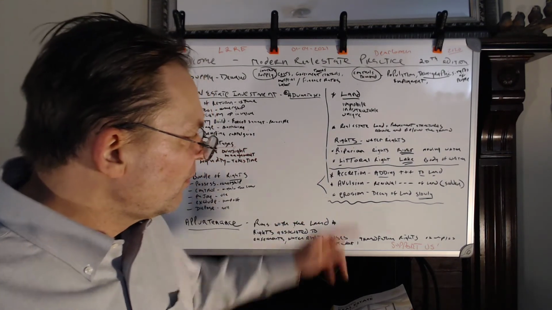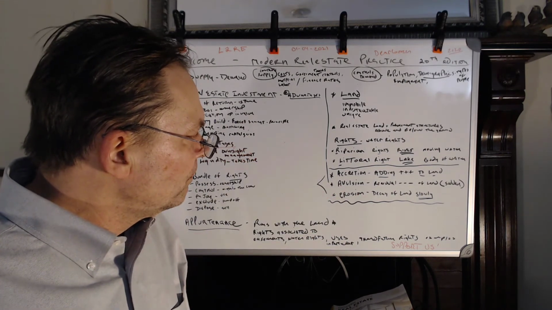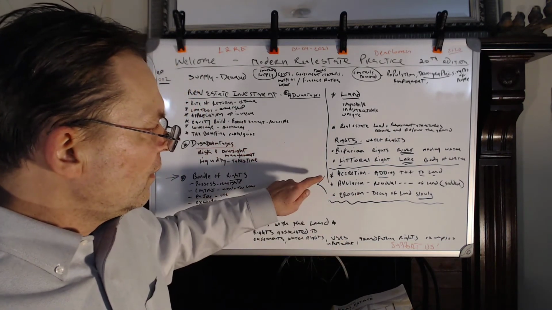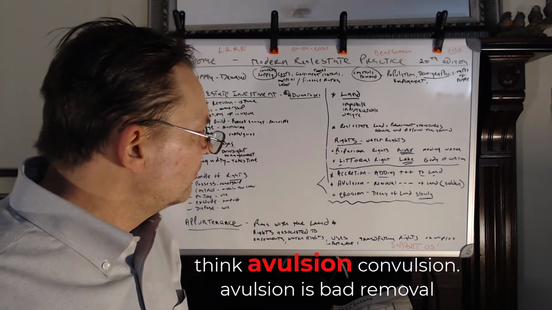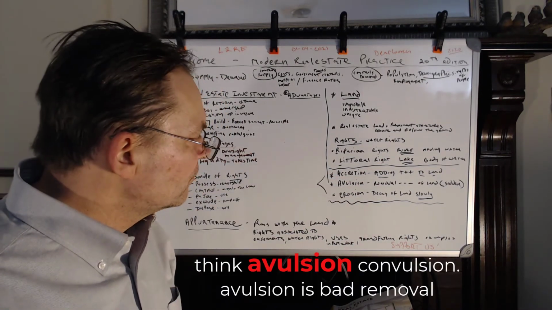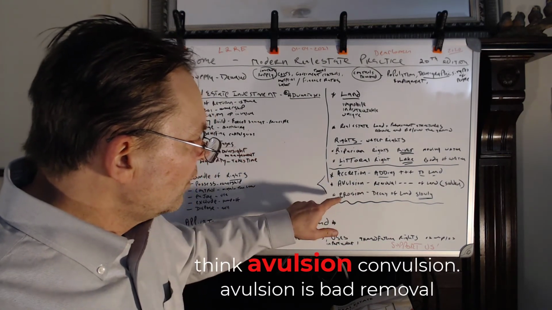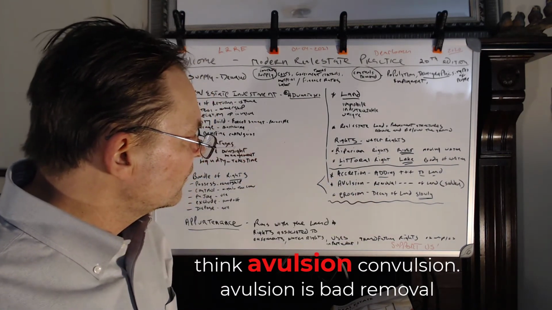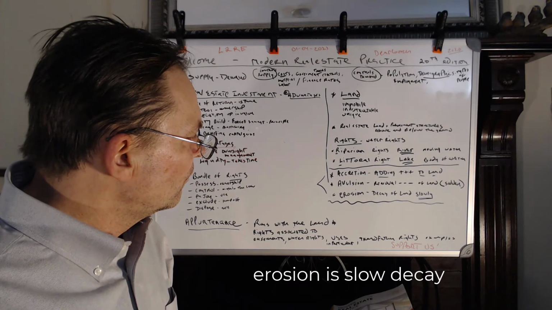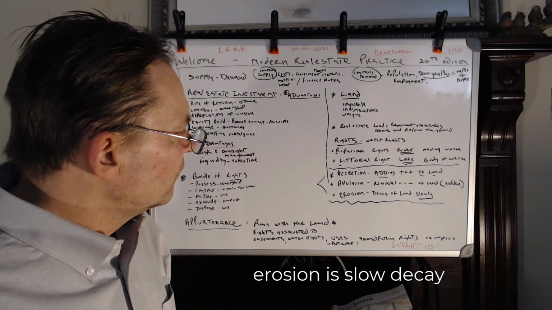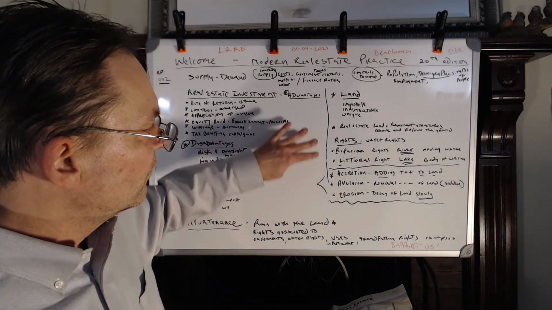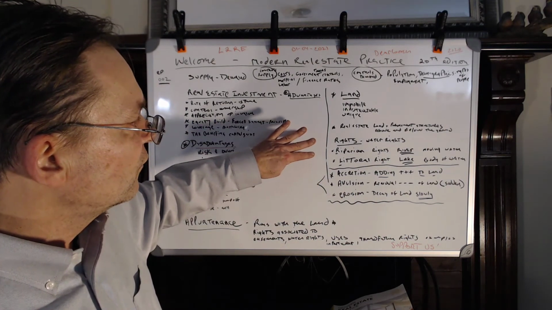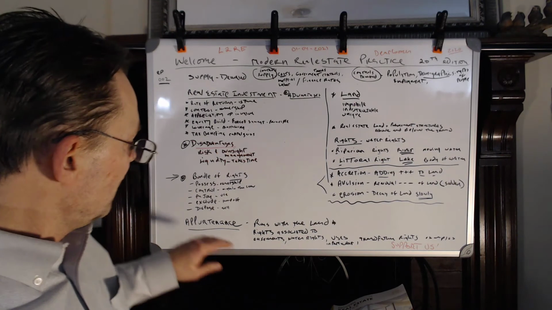How can you remember avulsion? Add, accretion. Avulsion is removal, erosion is decay. And those go with your water rights. You have your real estate and land.